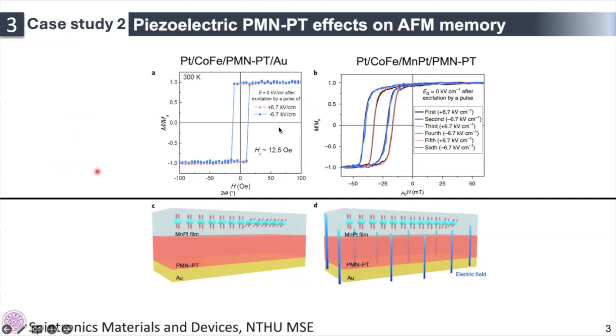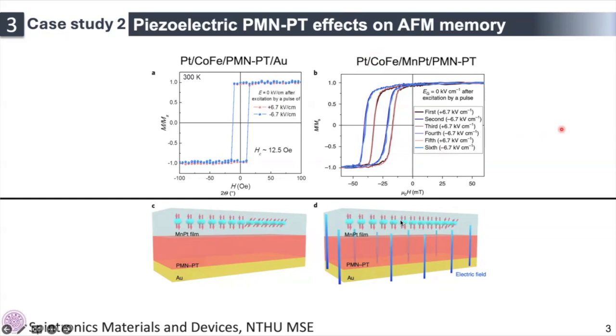And this concept is visualized in figure C and D. When there is no strain on the PMN-PT, the manganese platinum film has its original spin configuration and is at a high resistance state. When an electric field is exerted, a strain is created, and the strain helps to rotate the spin of the manganese platinum to be in one direction.